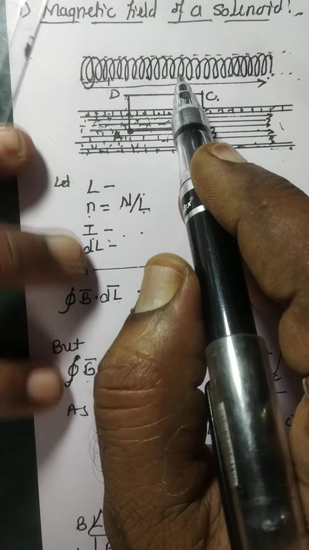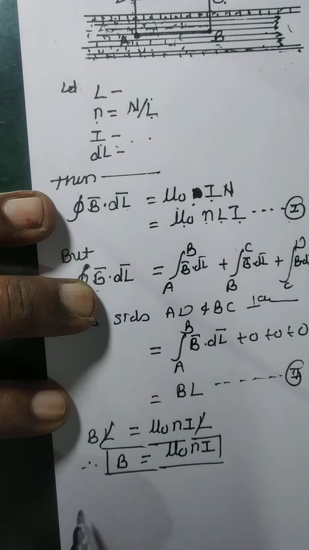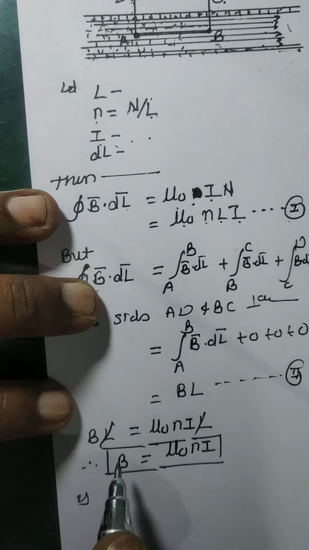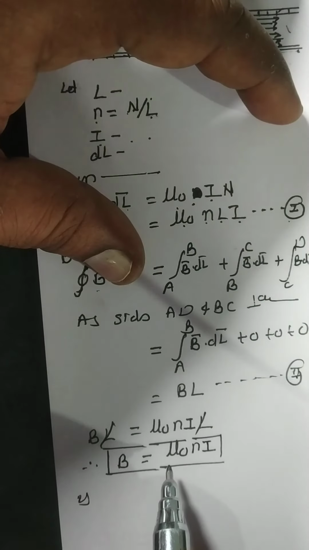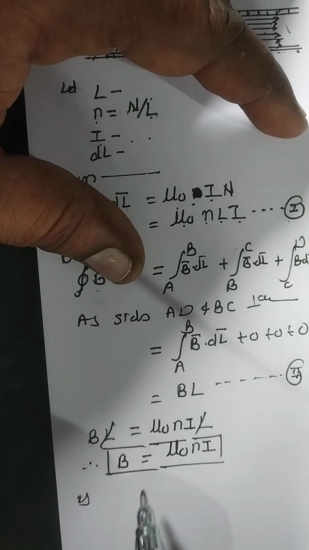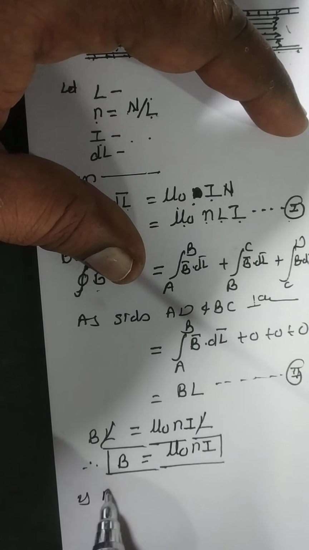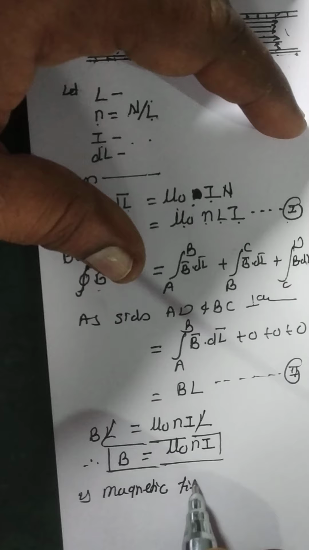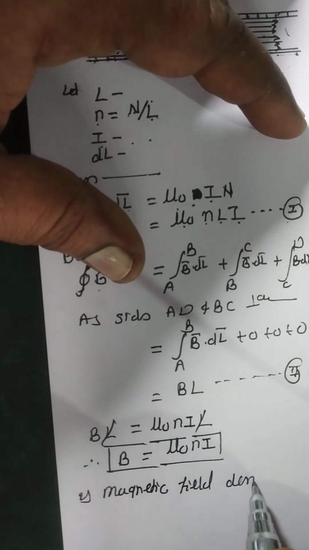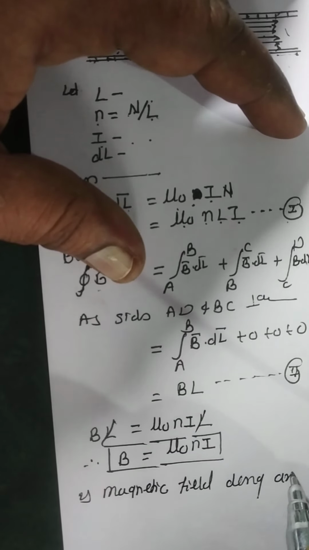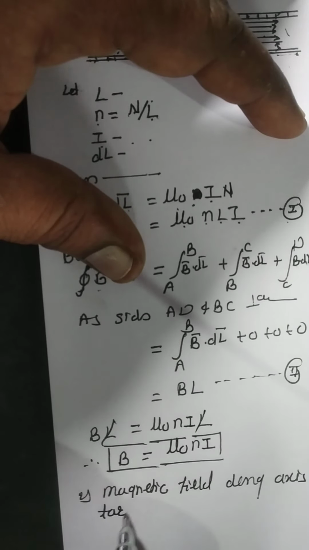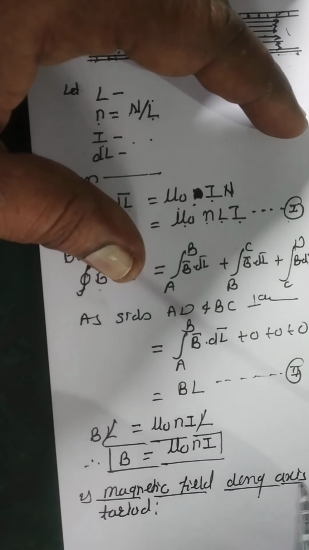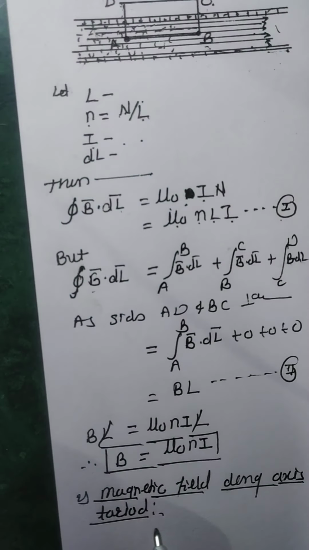जसं सोलेनॉइड आहे त्याच पद्धतीनं आता इथं पाहतोय मॅग्नेटिक फील्ड अलॉंग ऍक्सिस ऑफ टोरॉइड. Magnetic field along axis of toroid.